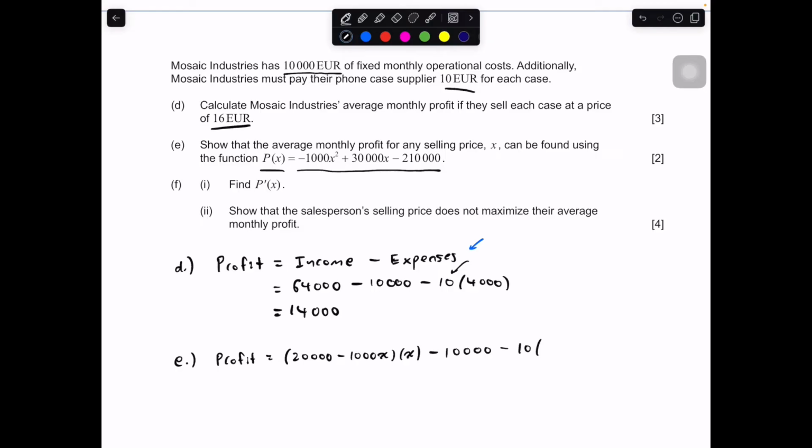How could we write that out? The number of cases is actually just given by this right here, so we can write that just as 20,000 minus 1,000x. Okay, and that looks to be it, actually.